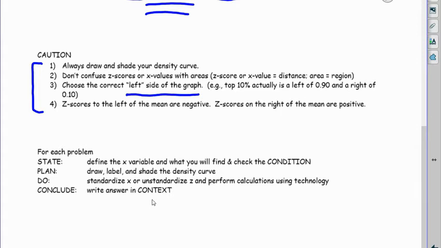For example, top 10% would actually be a left of 0.90 and a right of 0.10. And z-scores to the left of the mean are negative, because remember, on your standardized curve, the middle is 0, and z-scores to the right of the mean are positive. So these are positive, those are negative.